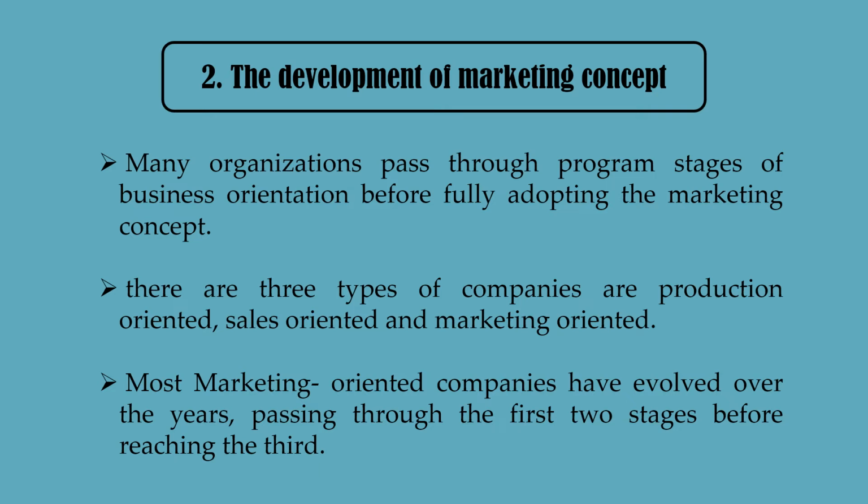Actually, there are three types of companies. If we like to classify the companies in any market, such as the Egyptian market, we can find three main types: production-oriented companies, sales-oriented, and marketing-oriented companies.